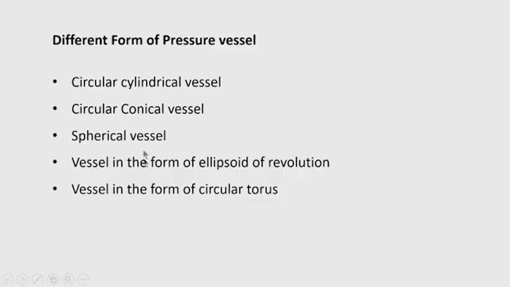Now, different forms of pressure vessels are found. One is the circular cylindrical vessel, then the circular conical vessel, spherical vessel, vessel in the form of ellipsoid of revolution, and vessel in the form of circular torus. So, you can find different types of geometrical shapes in pressure vessels.